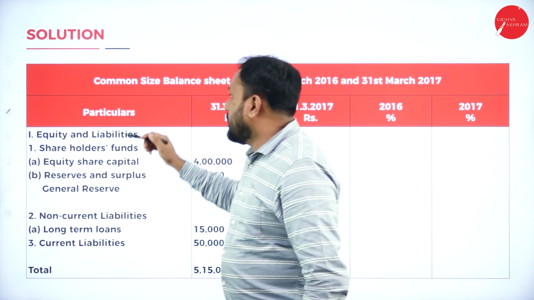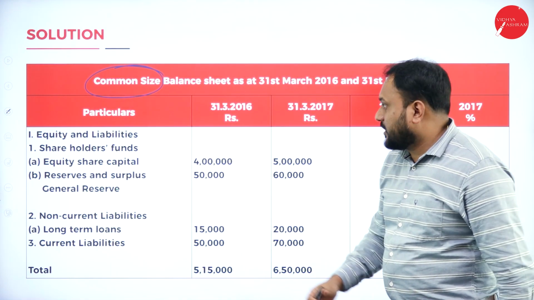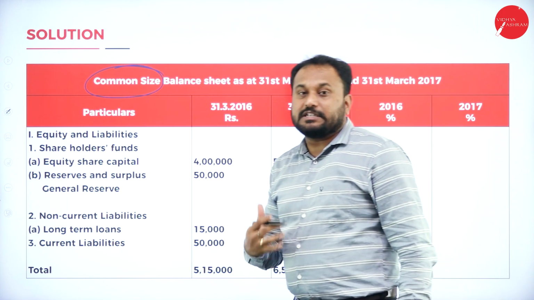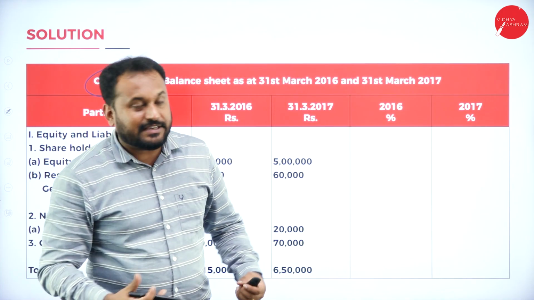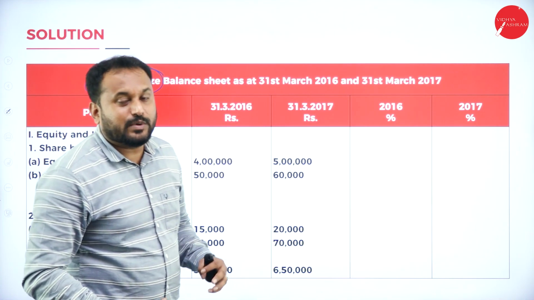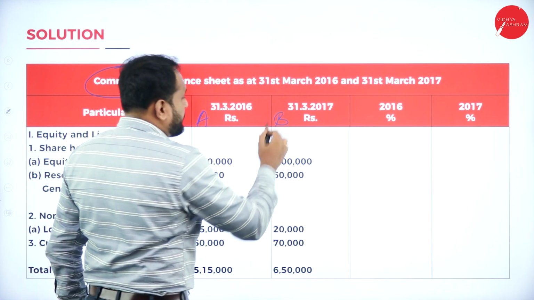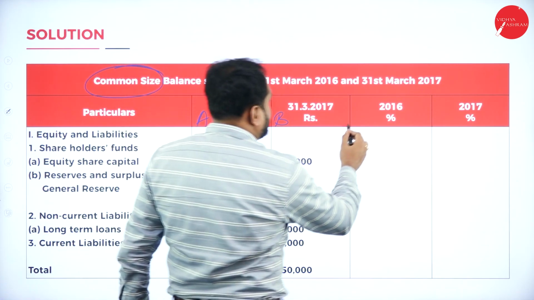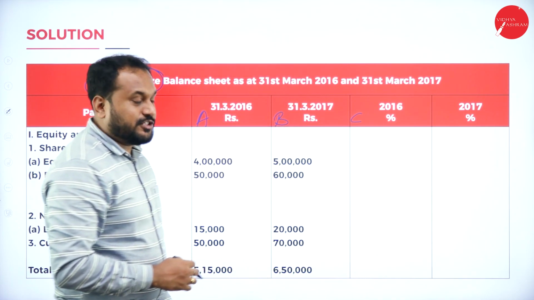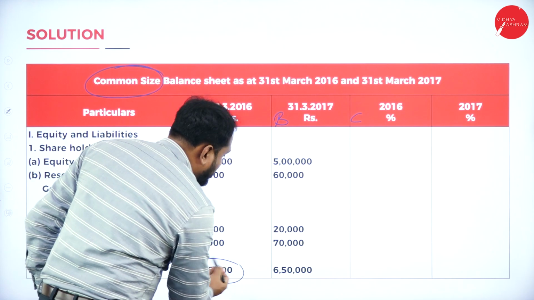This is how you will solve the problem. Next one, here I have solved the common size. Whenever you get a common size, the same way you need to prepare 2016, 2017, then percentage and percentage. How to go with this percentage is very simple. Draw this as A, this as B. Now this is C. What you should do is always go with the total, that means you need to divide by the total.